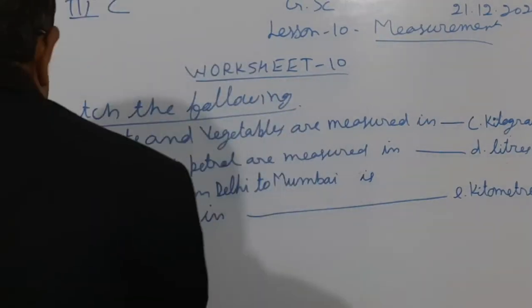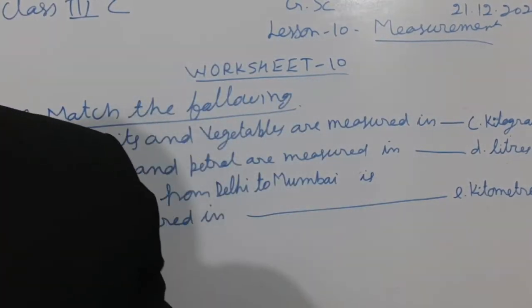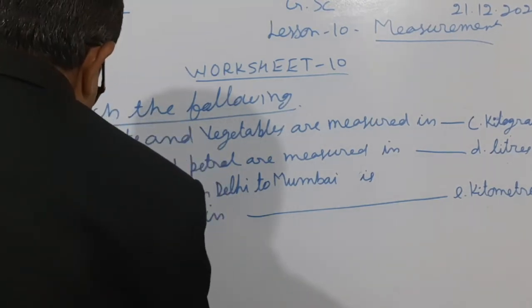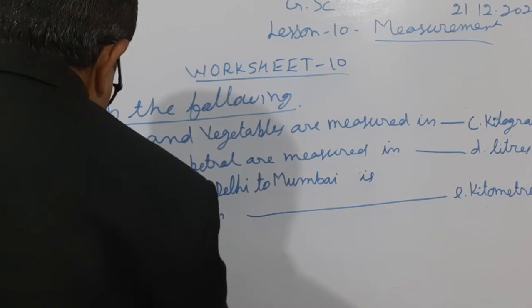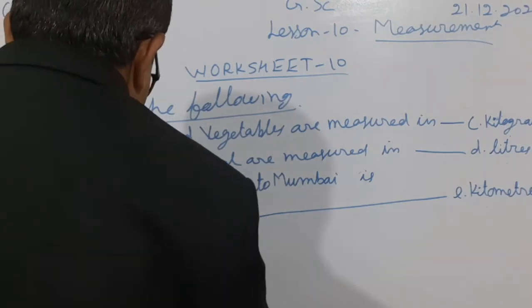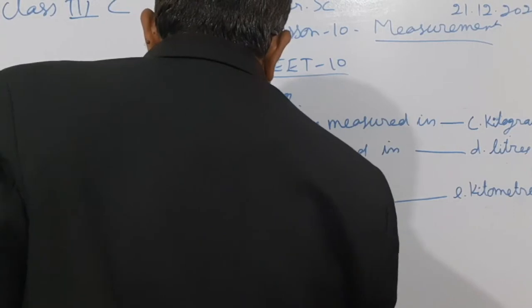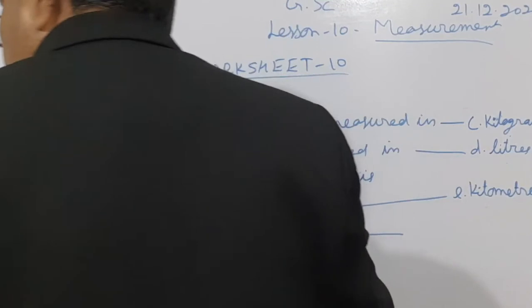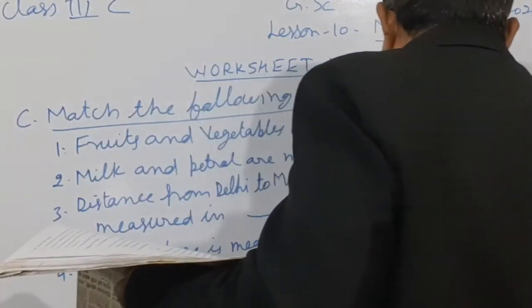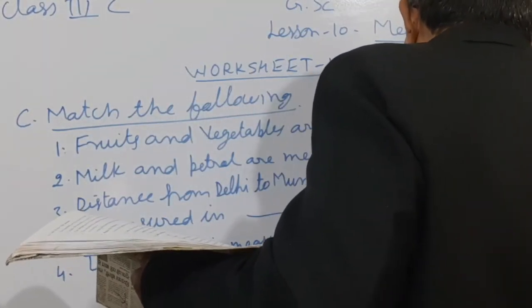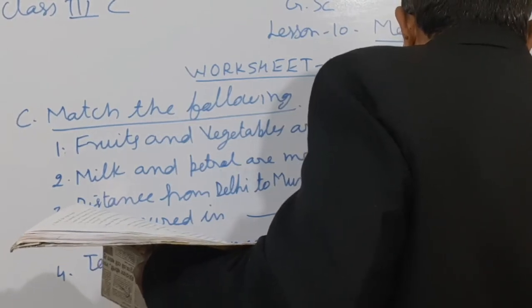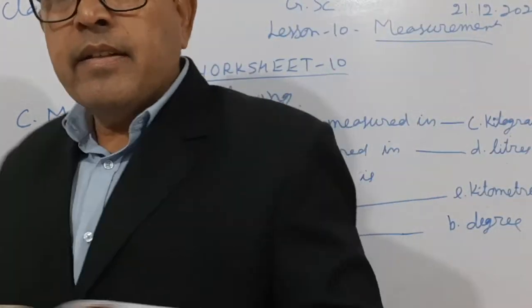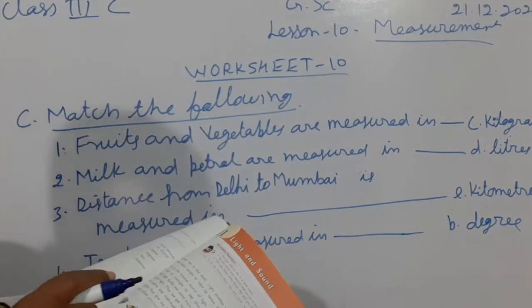And fourth, temperature is measured in. Temperature is measured in degree, that is B. Degree. Temperature is measured in degree.